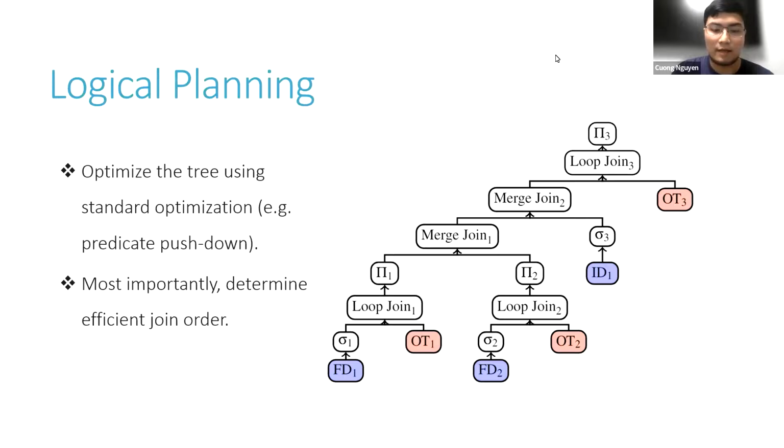And the OT node stands for OmniTable, which is the node for materializing the OmniTable. Also note here that the OmniTable is put on the right branch of the join node, and the FD table is put on the left branch. This is because by doing this, we can skip some materialization of the OT node using the values fetched from the FD node, and this is a better join order.